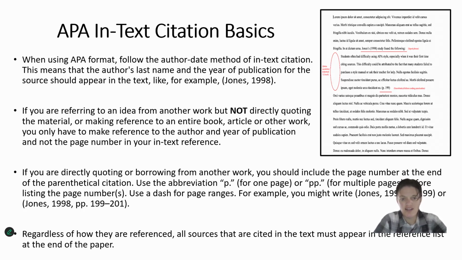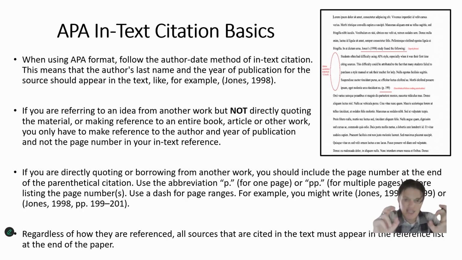If you're referring to an idea from another work, but not directly quoting that material or making reference to an entire book, article, or other work, you only have to make reference to the author and year of publication, not the page number in your in-text reference. But if you're directly quoting or borrowing from another work, you should always include the page number at the end of the parenthetical citation.